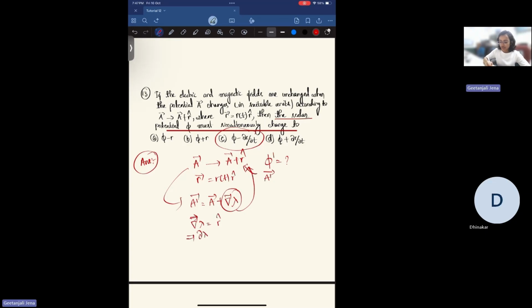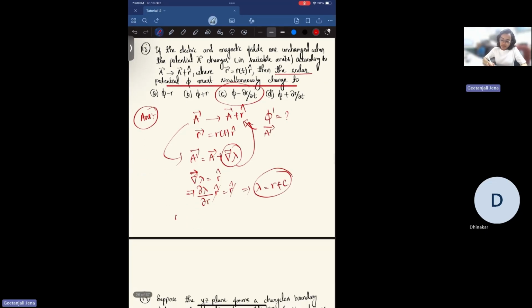This you can write as 2 lambda by 2 RK is RK. So that means lambda is R or some R plus some constant. So for phi prime, it should be phi minus dou lambda by dou t. And if you take the time derivative, this is dou r by dou t. So that means option C.